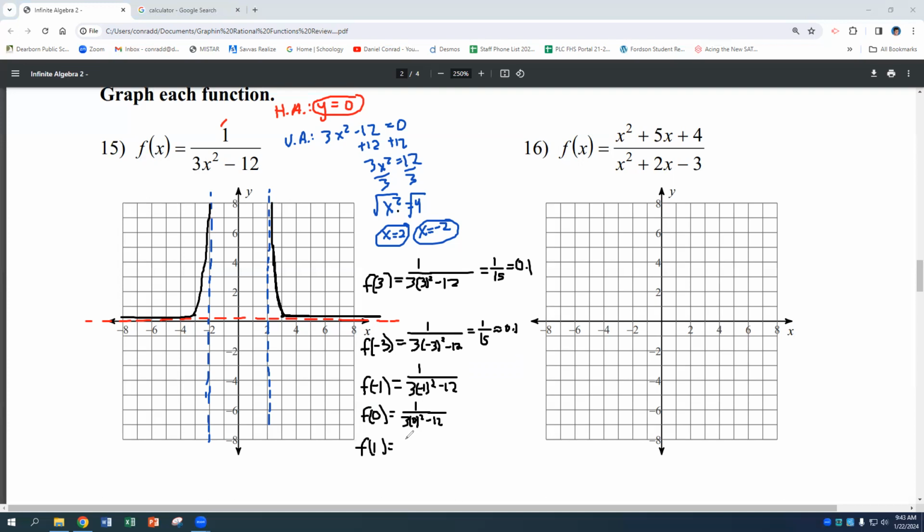And then we're going to have f of 1 over 3 times 1 squared minus 12. Basically, I know this is going to give me -1/9. You can use your calculator, it's fine. This is going to give me -1/9, and this is going to give me -1/12.